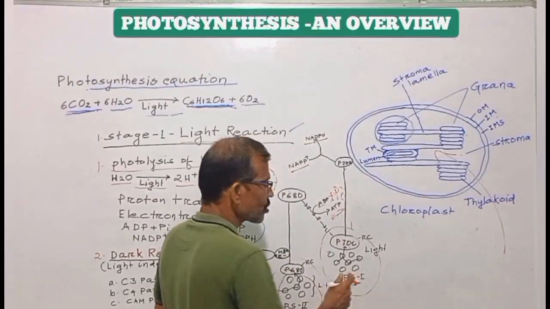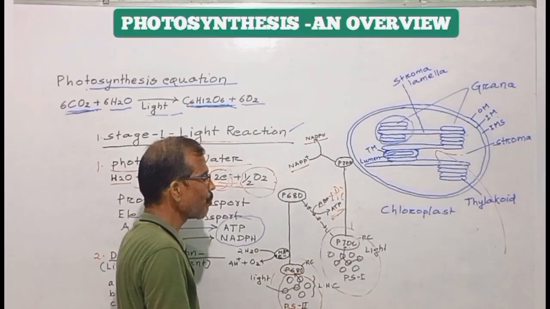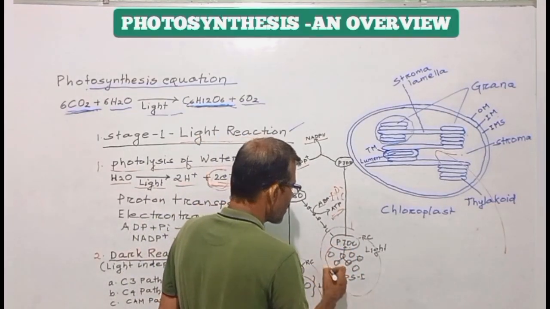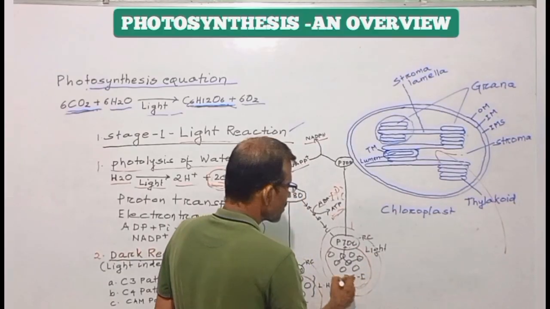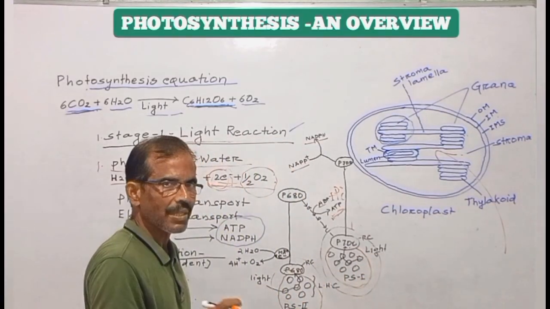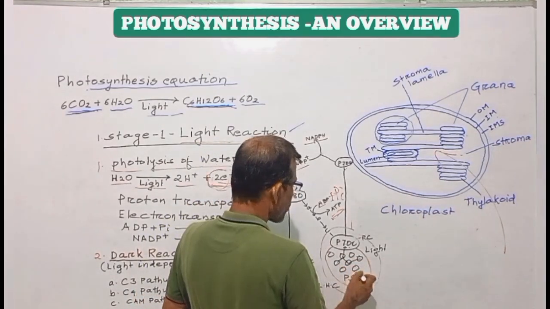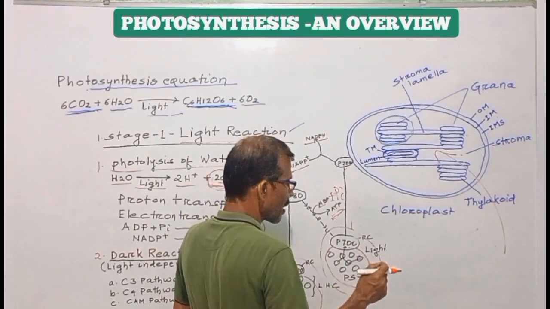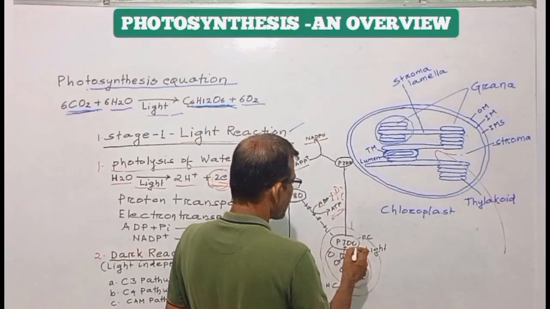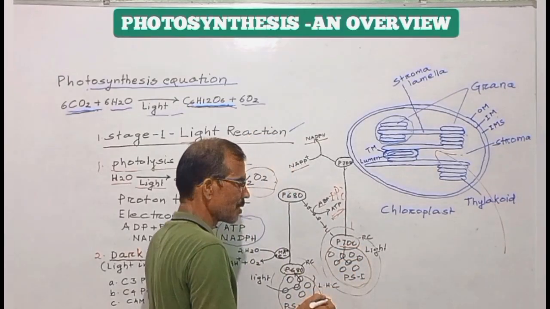Similarly, photosystem 1 is also composed of a reaction center and a light harvesting complex, also known as antenna complex. The reaction center of photosystem 1 absorbs maximum light at wavelength 700 nanometer.